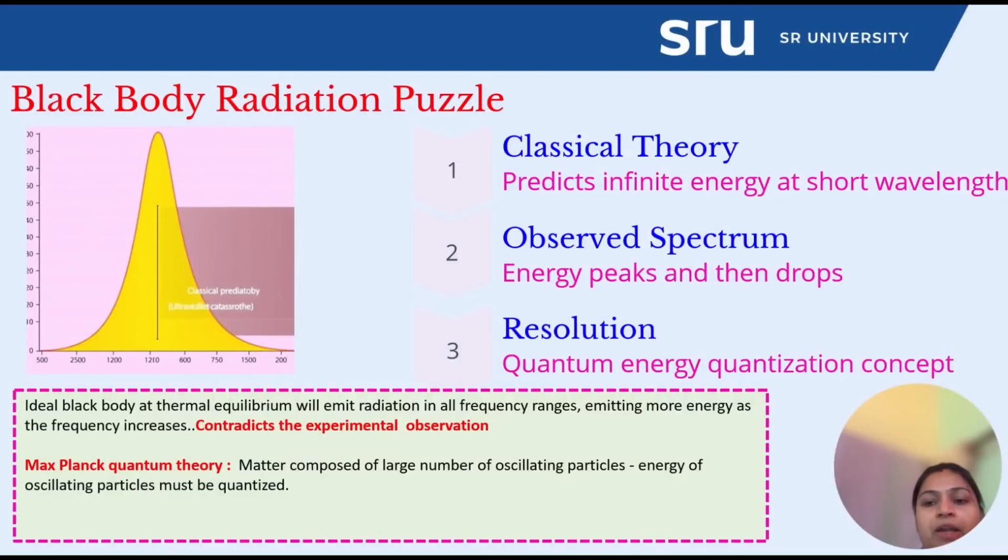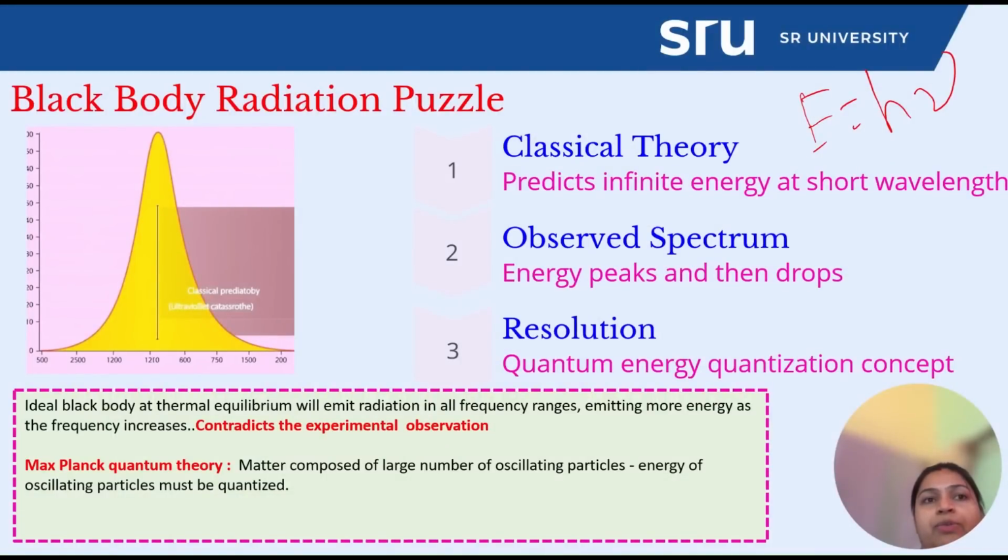Each quantum has energy, and this energy E is equal to h nu, where h is Planck's constant and nu is the frequency of radiation.